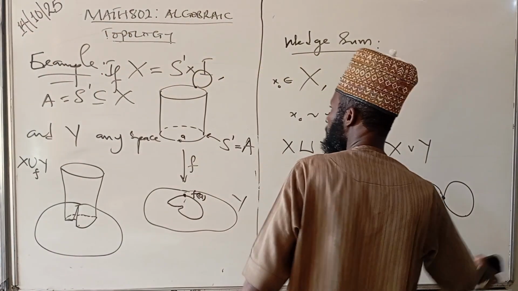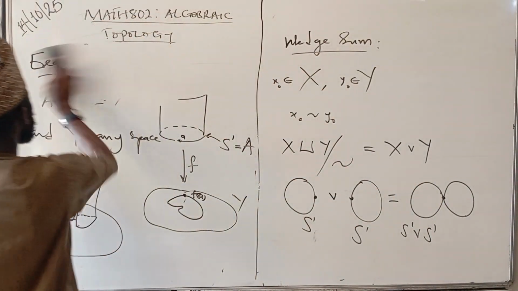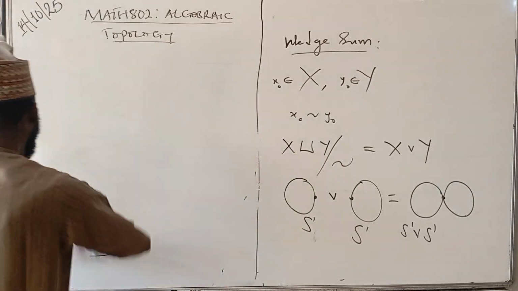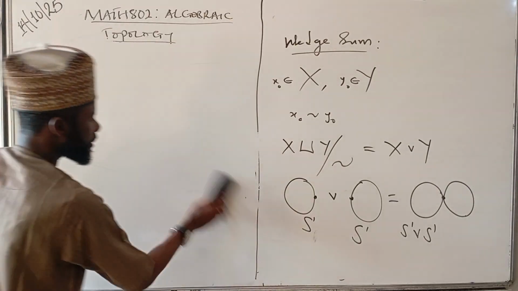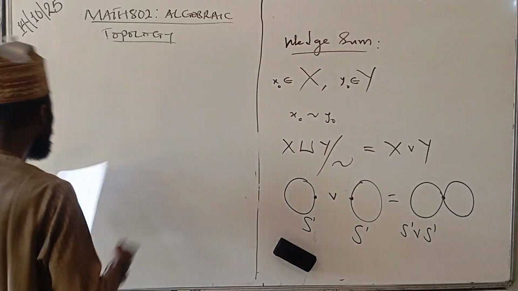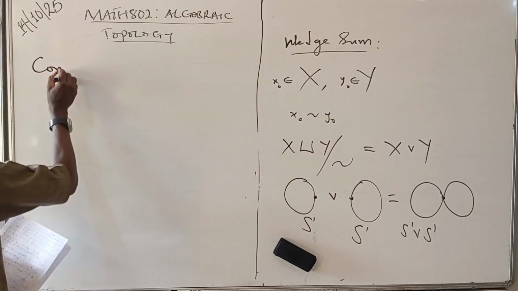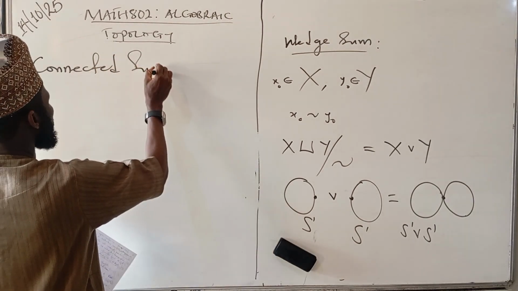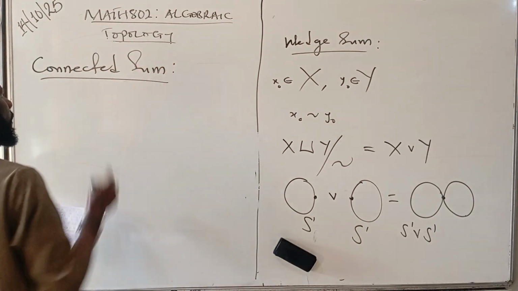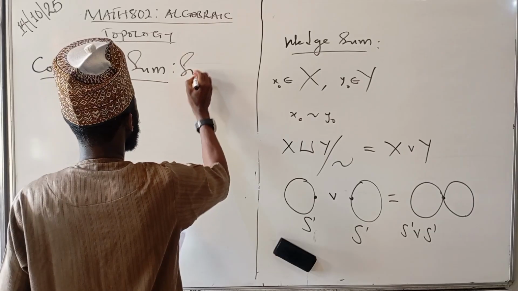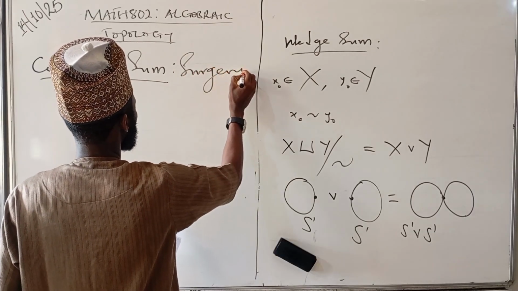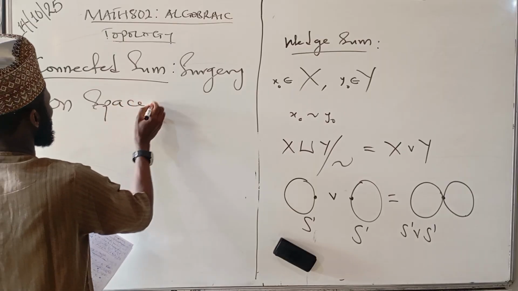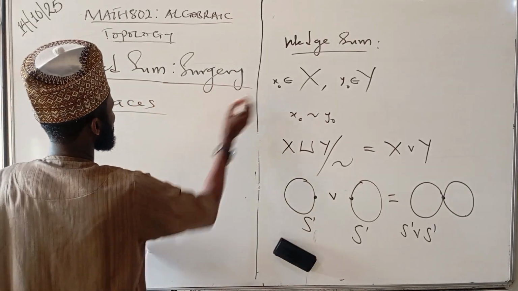But then we have still another special case of quotient space, the connected sum. And the process is called surgery on spaces, that is, topological spaces.